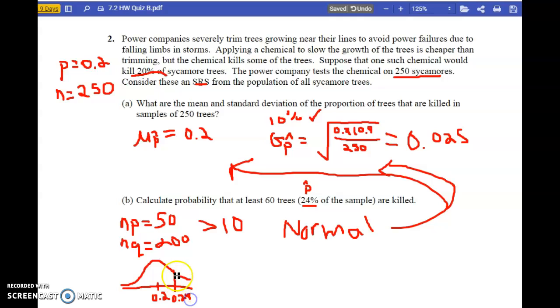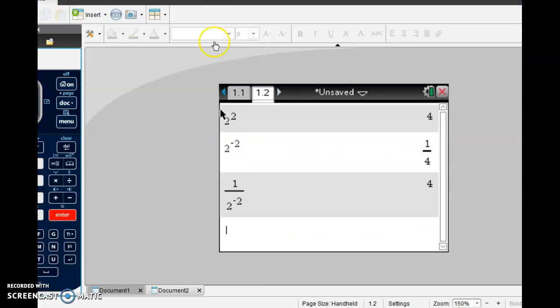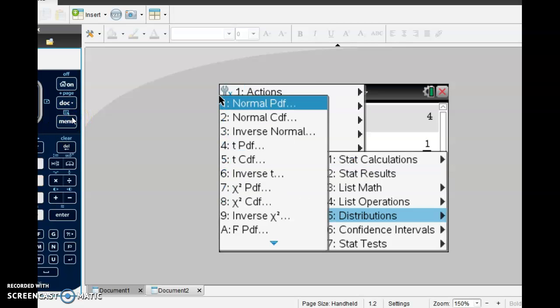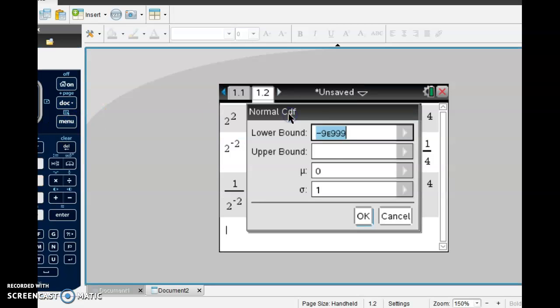At least means that or more, so I shade to the right. And then this is just a normalCDF. So my lower bound's 0.24, my upper bound's infinity. Mean was 0.2 and the standard deviation was 0.025, I believe.